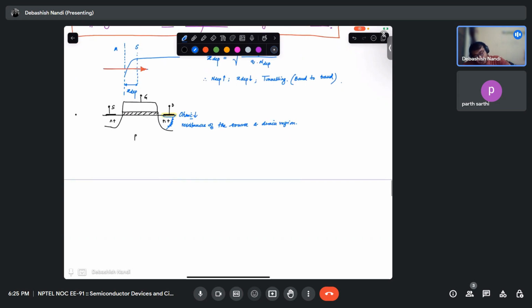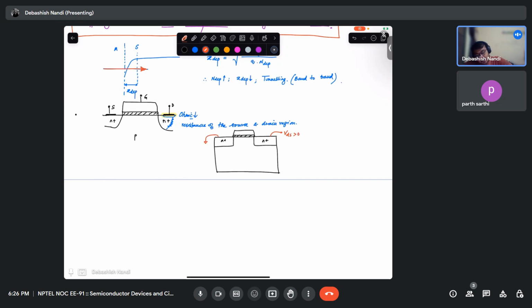What do I mean by that? Suppose you have a MOSFET like this, N plus, N plus. Okay, so if you apply your drain voltage here, VDS, let's say greater than 0, and this has 0.